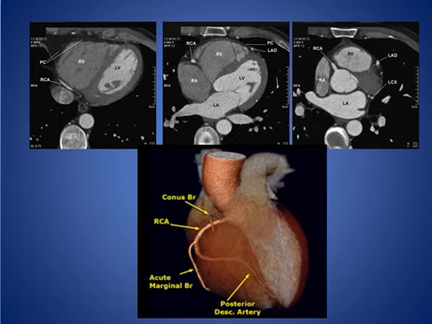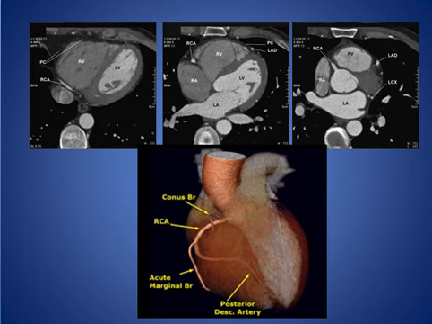In 60%, a sinus node artery arises as a second branch of the right coronary artery that runs posteriorly to the SA node. And in about 40%, this arises from the circumflex artery.